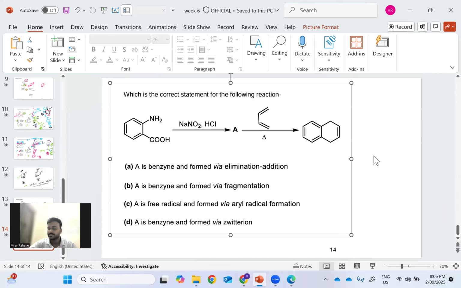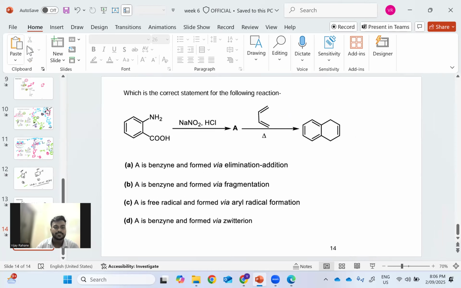So this is the next question. If you look at the question, it says: which is the correct statement for the following reaction? You have given NaNO2, HCl, followed by which gives the product A, and after that we have given a 4 pi electron system under thermal condition, right, heating.